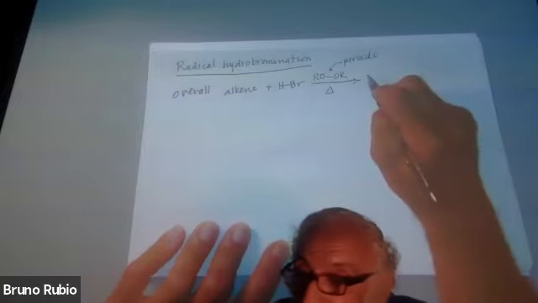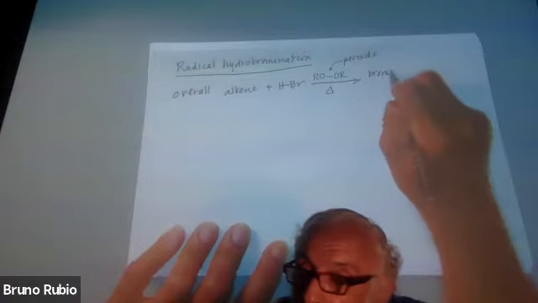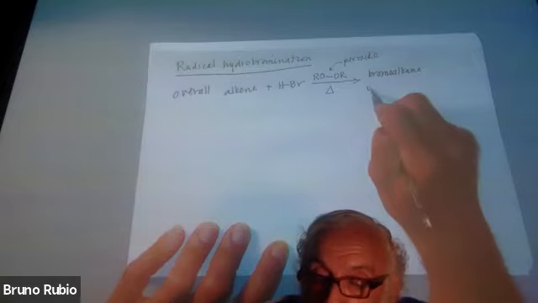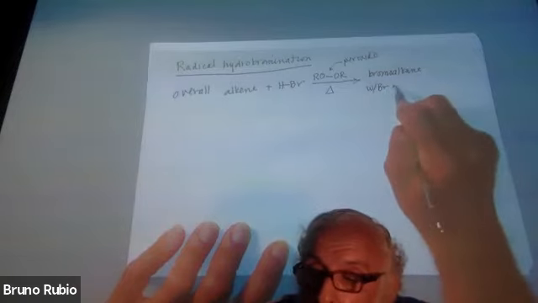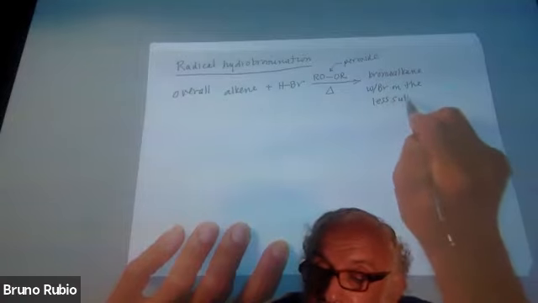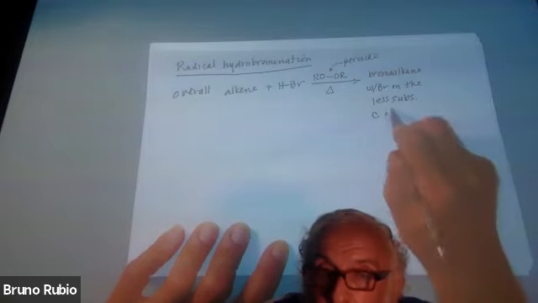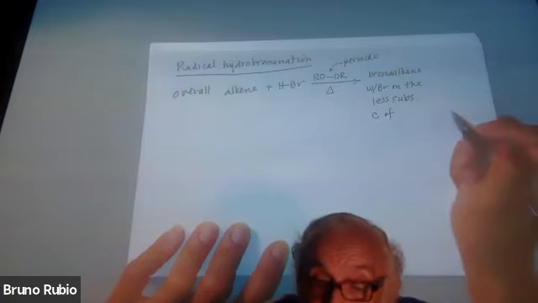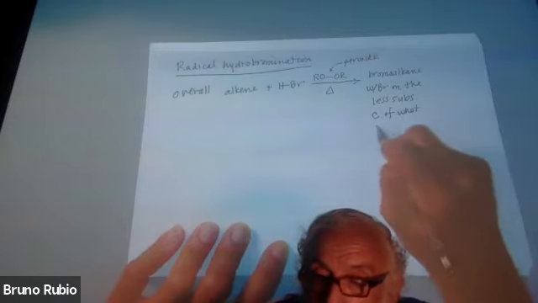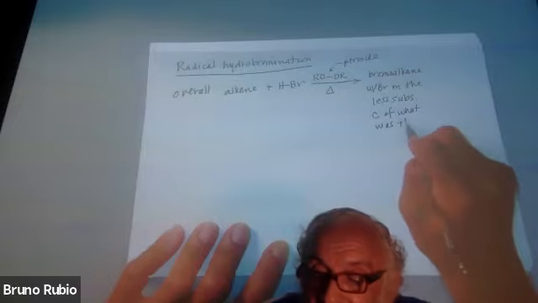The product here is a bromoalkane with bromine on the less substituted carbon of what was the alkene.